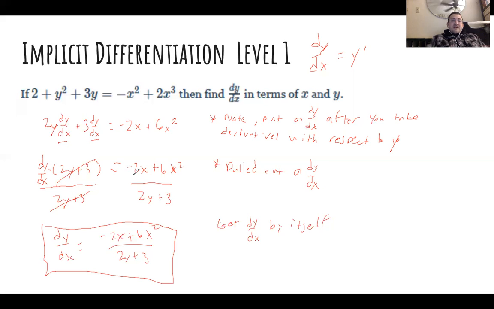And then the magic happens, where we get dy dx by itself by dividing by what we pulled out. And then we have the expression for dy dx. Let's do one more at level 1 and see how this works.